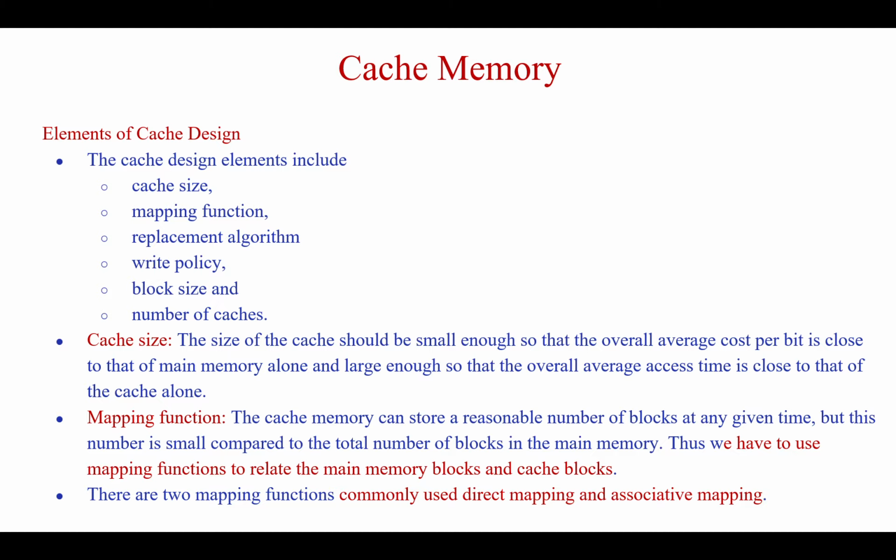The size of the cache should be small enough so that the overall average cost is low. Then mapping functions: we have to use a proper mapping function to relate the main memory blocks and cache memory blocks. Two key mapping functions are direct mapping and associative mapping.